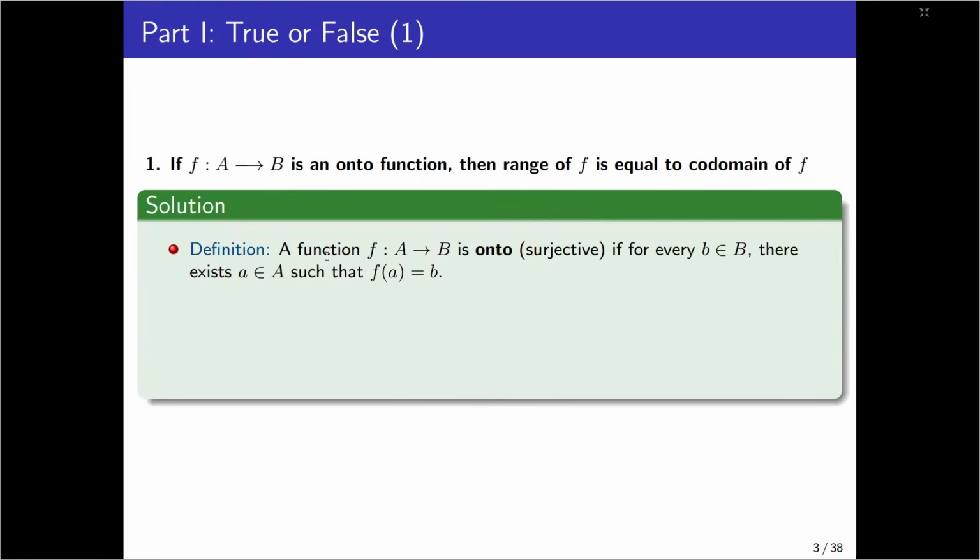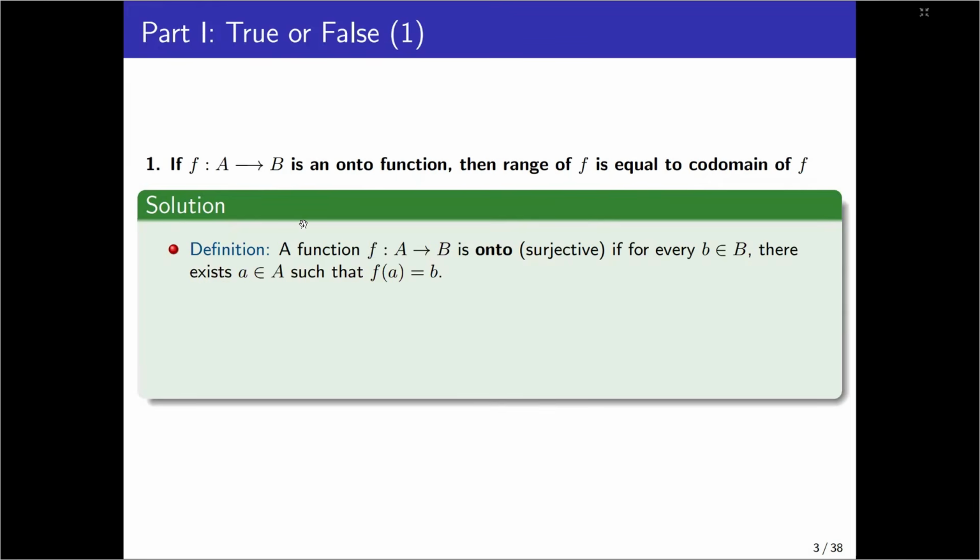Then a function f which is defined from A to B is onto, or simply surjective, if for every element b of B there exists a which is an element of A, so that f of a is equal to b.